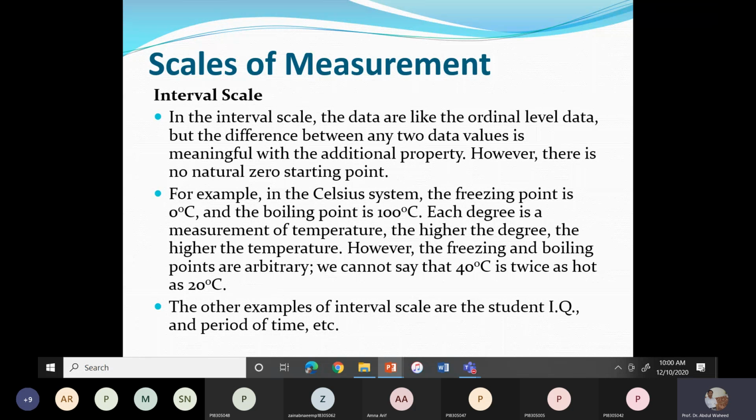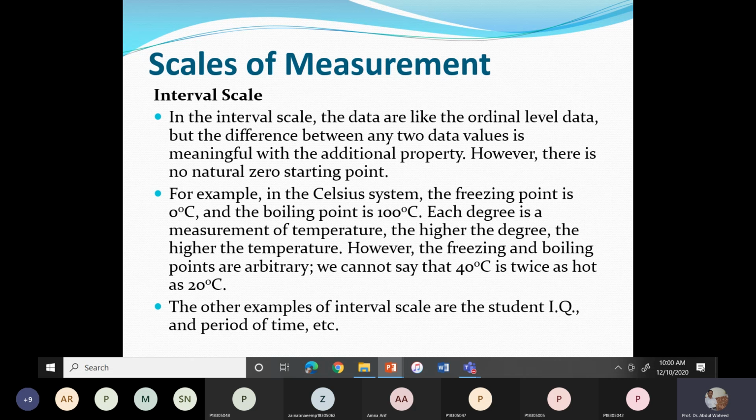So zero starting point is arbitrary. We are using zero starting point by ourselves. We assign that 0 degree centigrade is the freezing point. Other examples of interval scale are the student IQ and period of time. We are saying this is 2020 and then 2010 and 1947, but we have assigned the arbitrary starting.